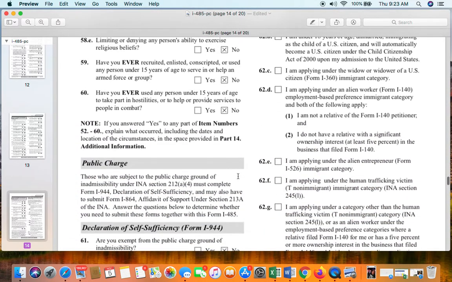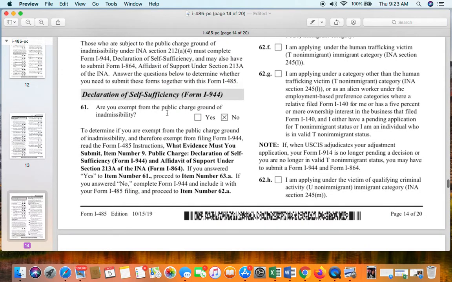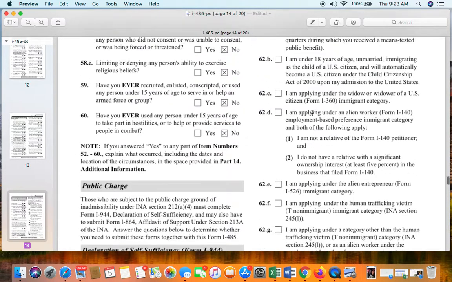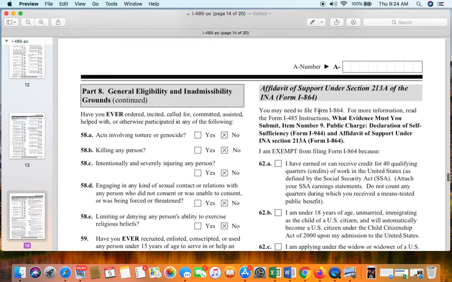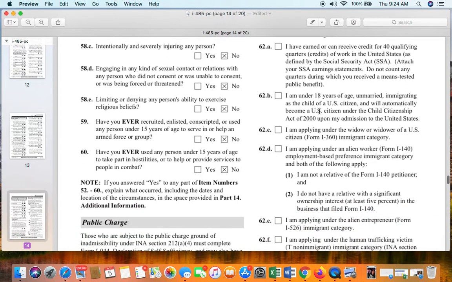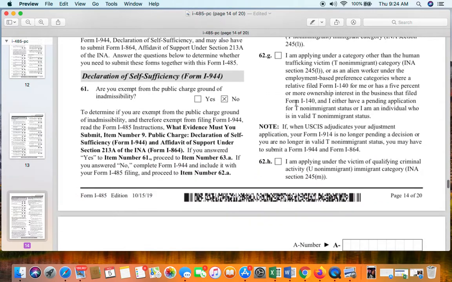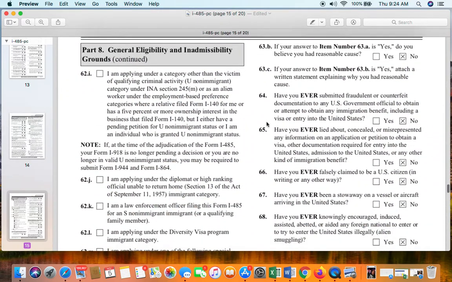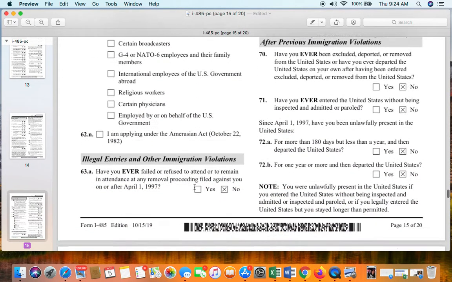Still right here, public charge, no, no. Public charge ground, no. Then this continues for affidavit of support under section. This is not applicable for my I-485 derivative applicant or K2, so I'm just going to leave this part blank.